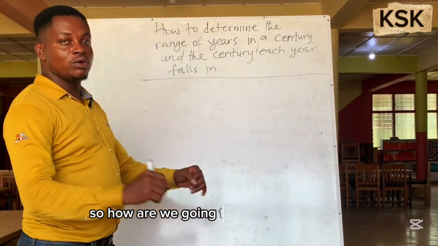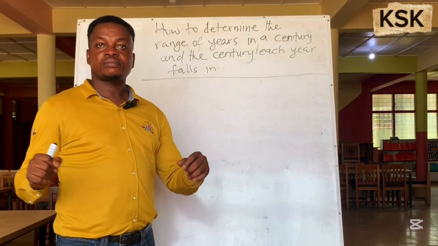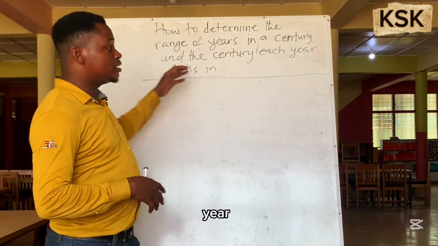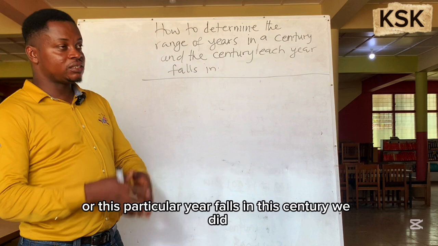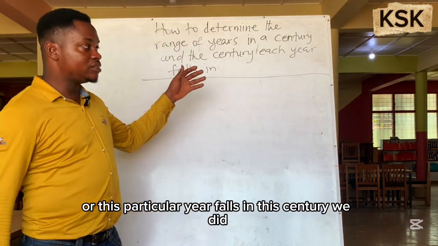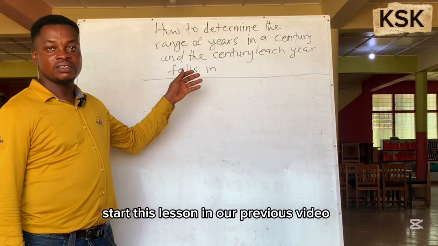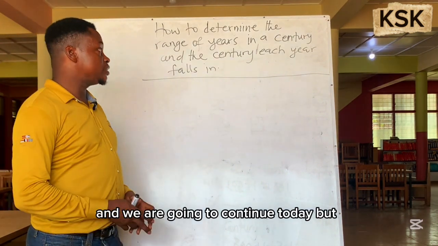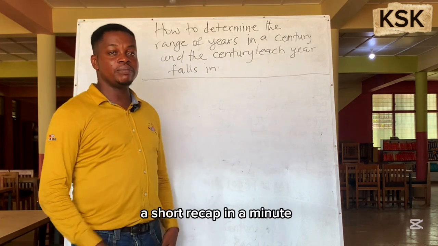How are we going to quickly know that this particular year falls in this century? We started this lesson in our previous video and we are going to continue today. But first, a short recap.